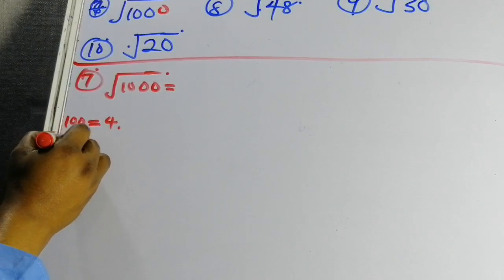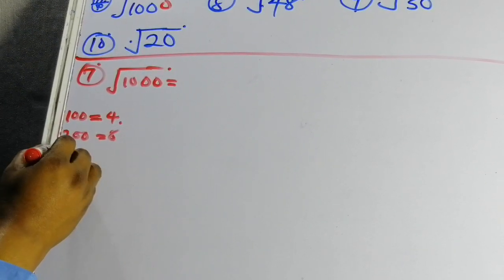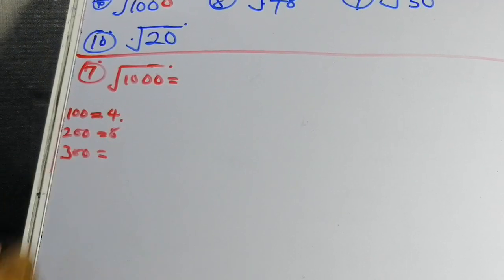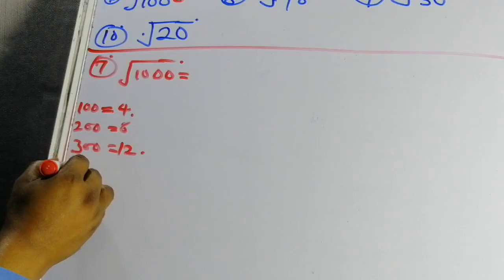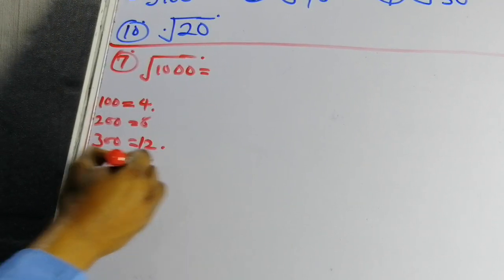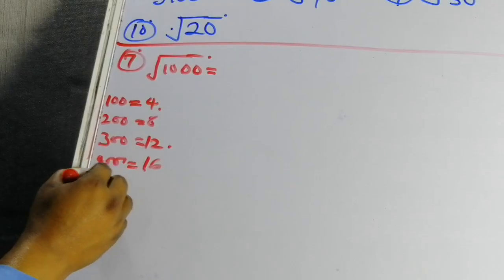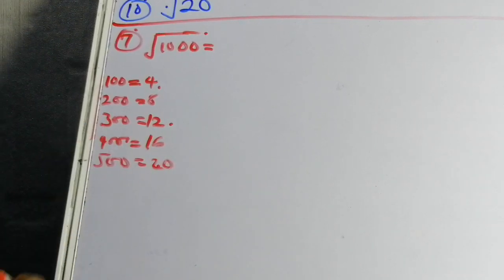For 200, 25 can go there 8 times. For 300, add 4, that's 12. For 400, another 4, that's 16. Then for 500, another 4, that's 20.